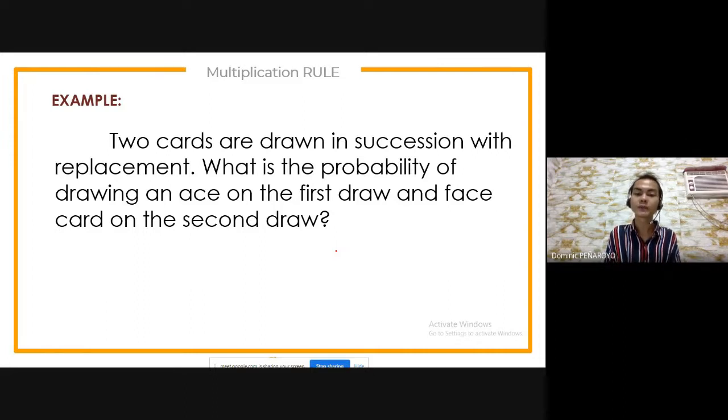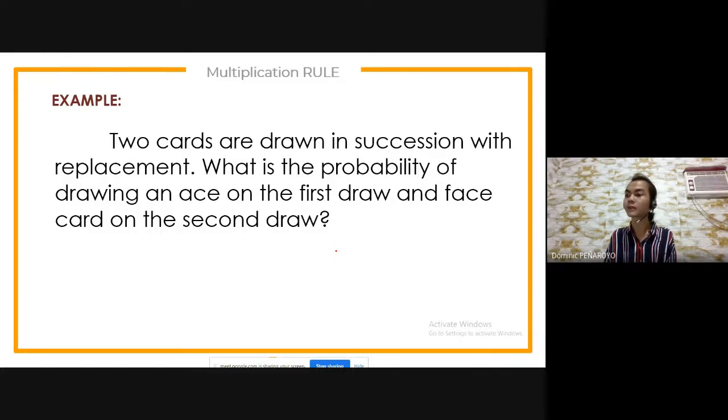So when we say with replacement, class, ibig sabihin, bumunot ka, pero binalik mo lang naman. So, ang tawag natin doon ay with replacement. So, two cards are drawn in succession with replacement. What is the probability of drawing an ace on the first draw and face card on the second draw?